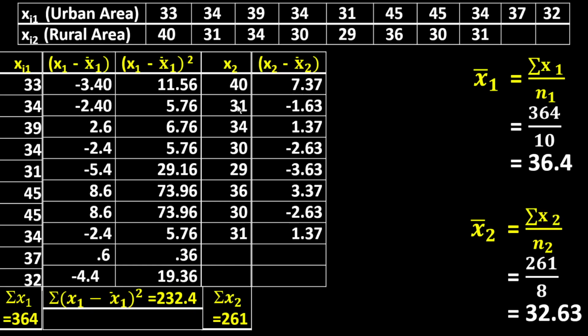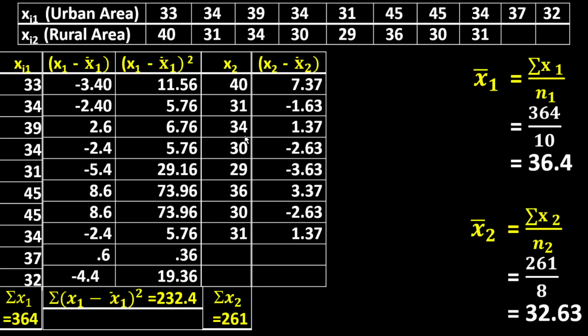Then from the second observation, 31, we are deducting 32.63, and we are getting here minus 1.63. And in the same way, the third observation of rural area is 34. From that, we will deduct the mean, 32.63, and we will get 1.37.